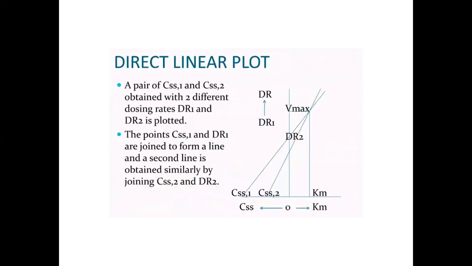This is the Lineweaver-Burk plot. The next one is the direct linear plot. This plot is drawn by taking the steady-state concentrations of drugs 1 and 2 and the dose rates of drugs 1 and 2. If you plot a graph with these rates and steady-state concentrations, it is called the direct linear plot.